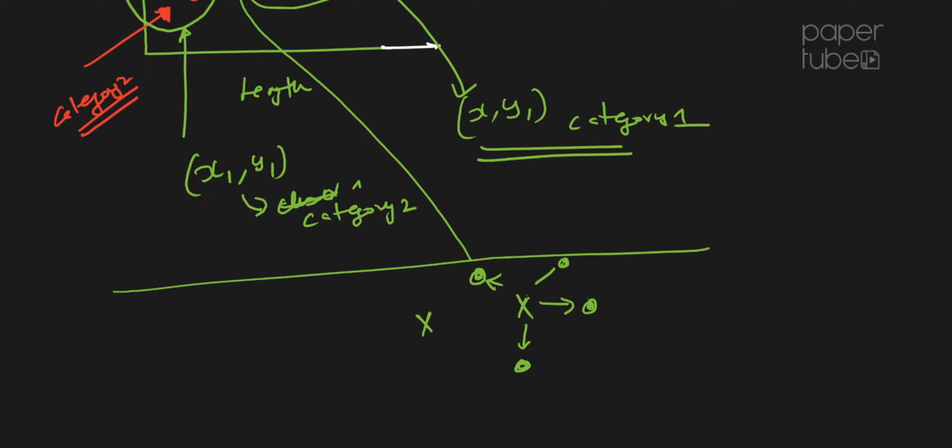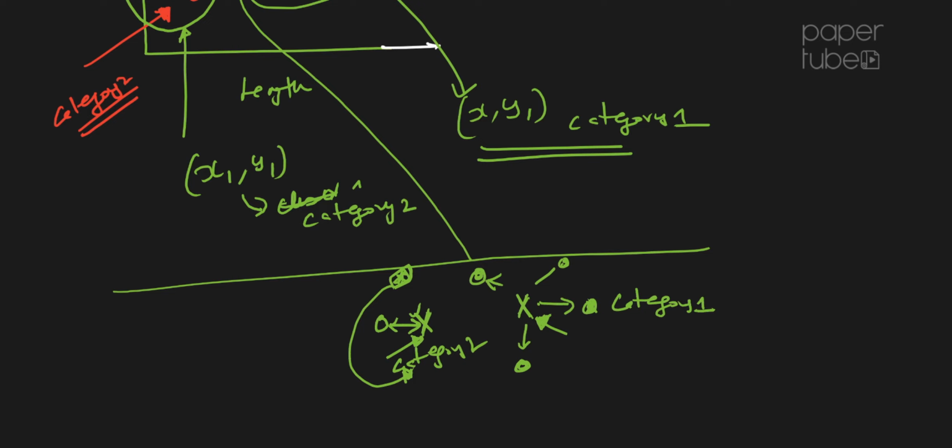So if the data point is closer to category 1, then it will call that particular data point belonging to category 1. And let's say this particular x belongs to the cluster center of category 2. If the data point is closer to this center, then it will assume this data point belongs to category 2. So that's how it works.